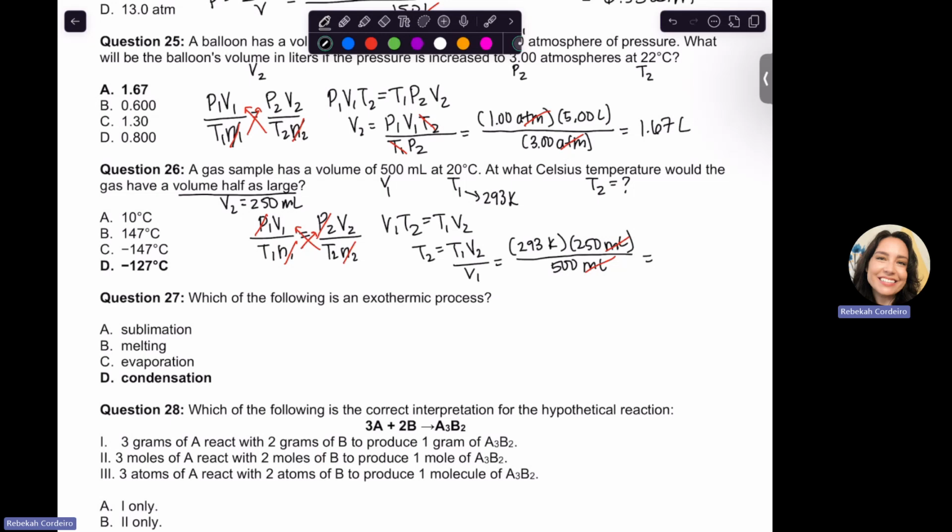Now, you look at all of your answer options, and they are in Celsius. So we just have to go back to Celsius. Now, I know you may be thinking, well, if it's in Celsius, can I just put in Celsius? Try it. Put in 20 degrees Celsius and see what you get out. You're not going to get the same thing.